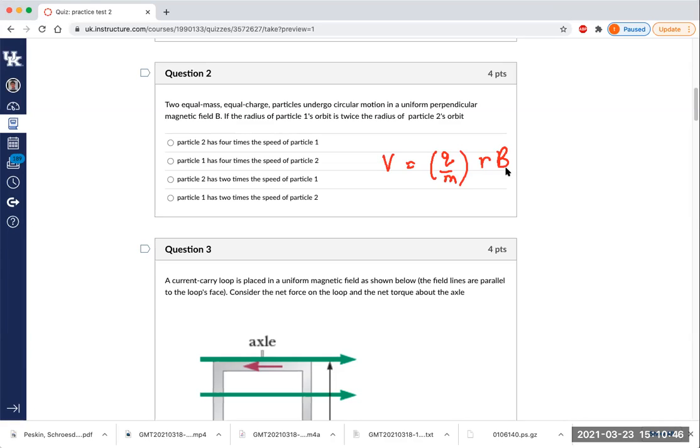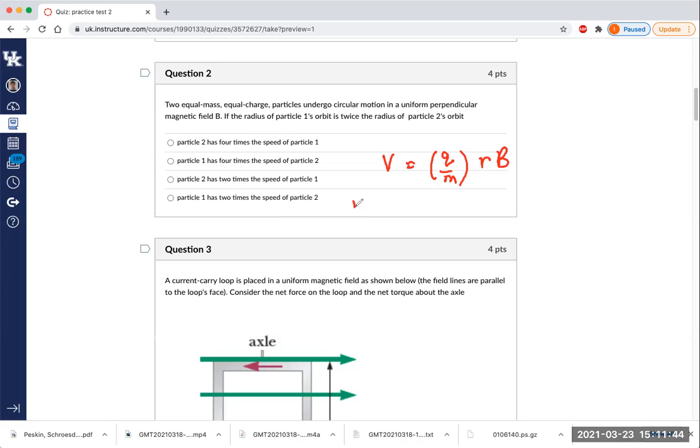And so this just tells you how the radius of one particle's motion is related to the velocity of that particle's motion. And the radius of the other particle's motion is related to the velocity of the other particle's motion. It tells you that the velocity is in proportion to the radius.